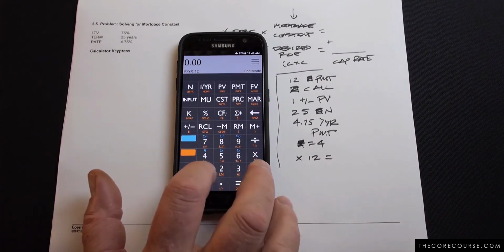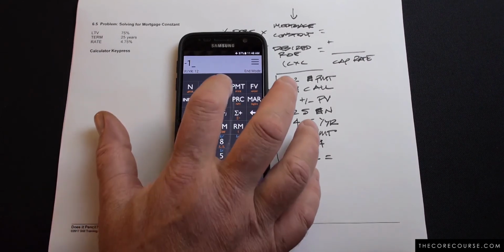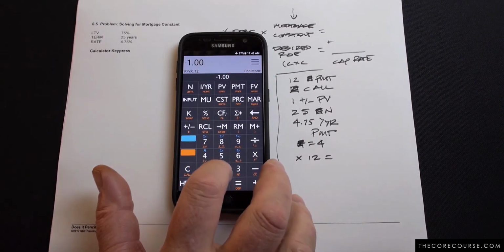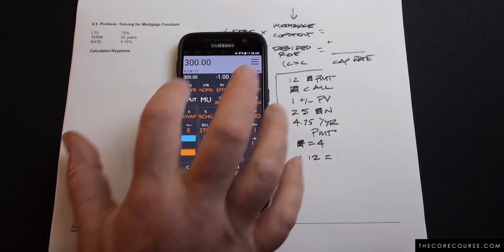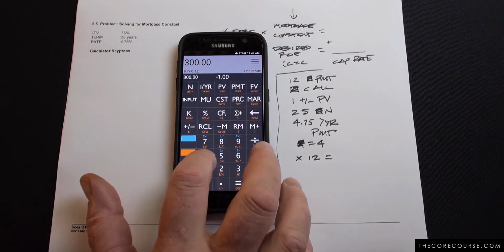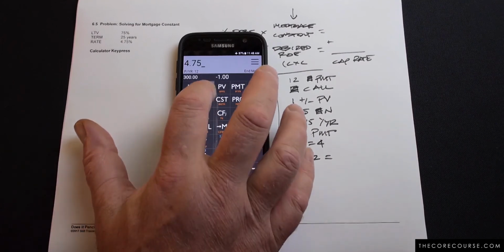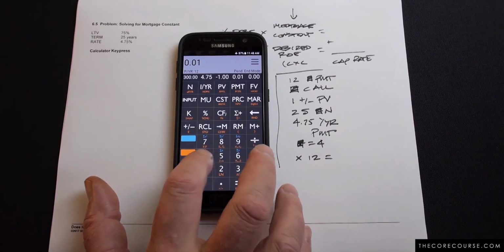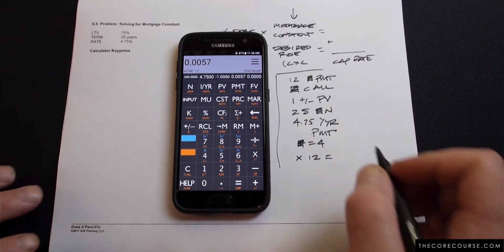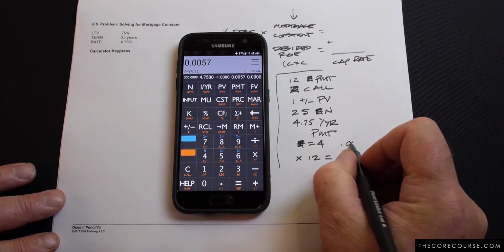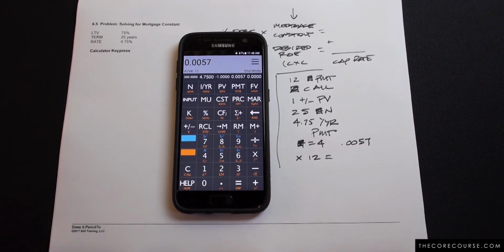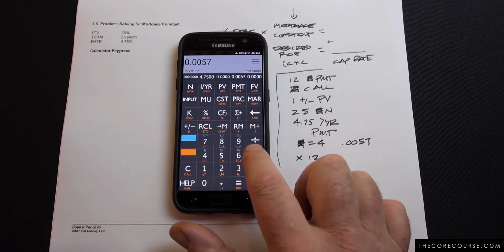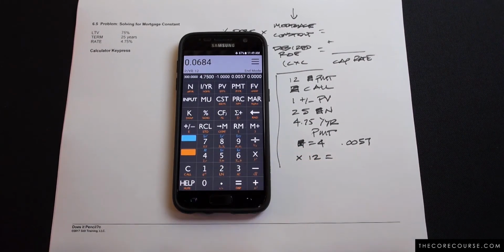That's where we want to be. 1 plus or minus PV, -1 into PV, 25 gold key N for the term, 4.75 interest per year, find 3, solve for the fourth, press payment, and you see it's 0.01, so we'll press gold key equals 4, and the monthly mortgage constant is 0.0057. So the last key press is going to be times 12 equals.